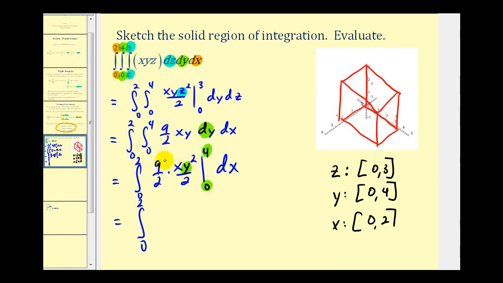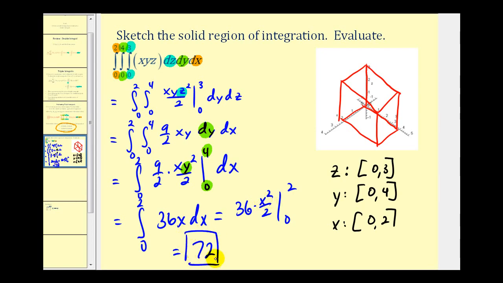And then when y is 0, this will all be 0. So we'll have 36x. And then lastly, we integrate with respect to x. So that gives us 36 times x squared over 2. So when x is equal to 2, we'll have 4 divided by 2, that's 2, times 36, that's 72. And then when x is 0, this is 0. So the result is 72.